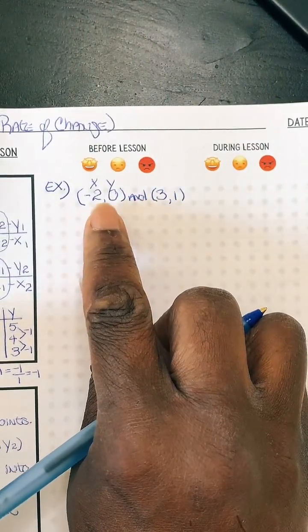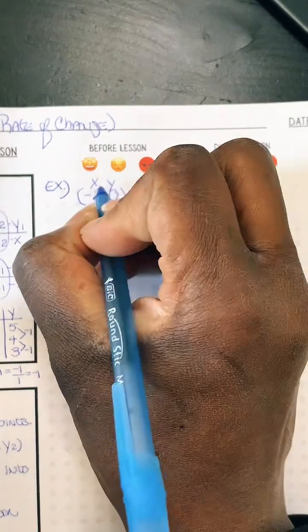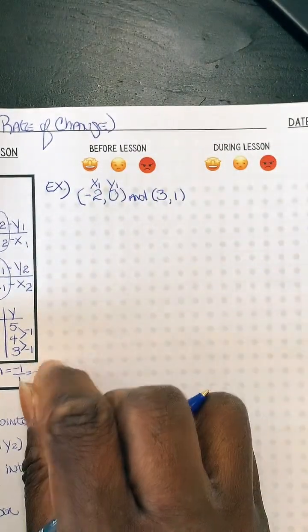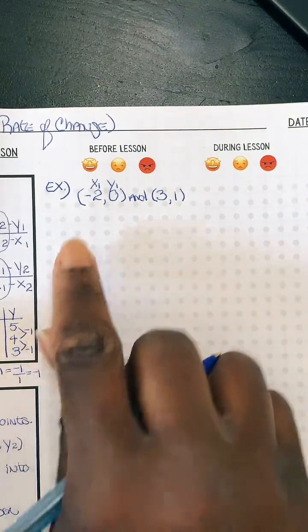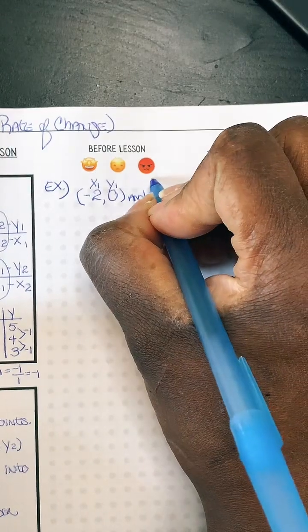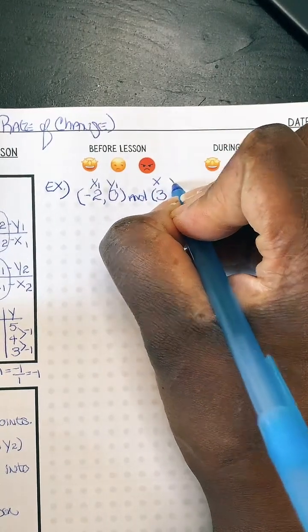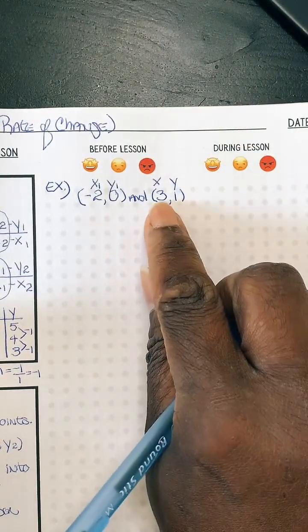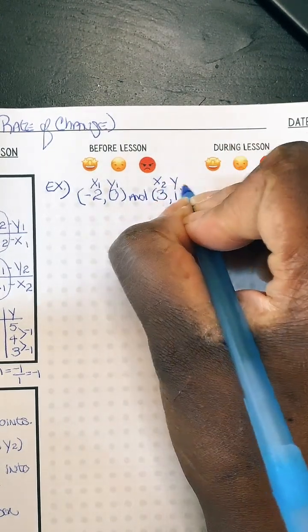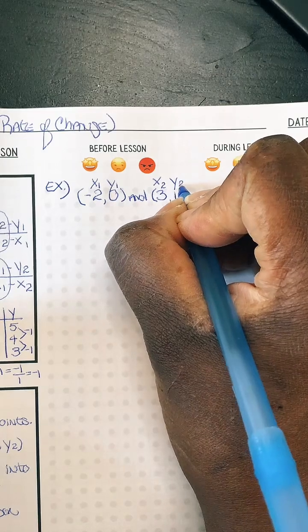But since this is the first point that I see, that's going to be my x sub 1 and my y sub 1. When I go to the second point, these are also x and y's, but this is my second point, so that'll be my x sub 2 and my y sub 2.